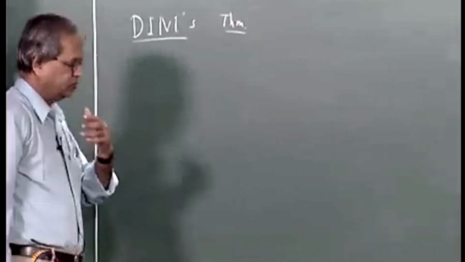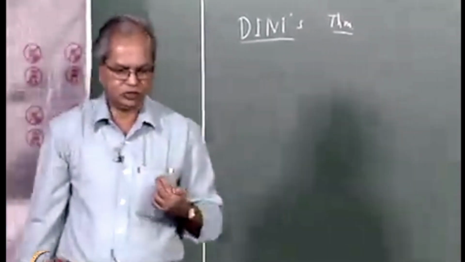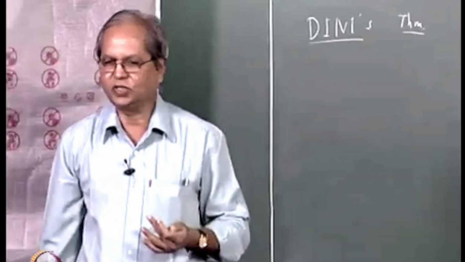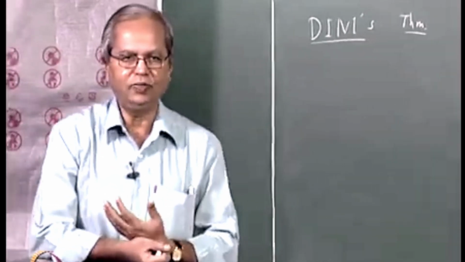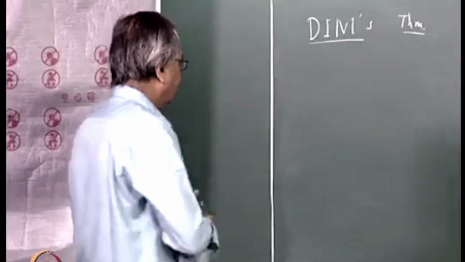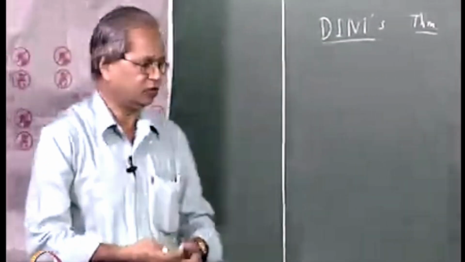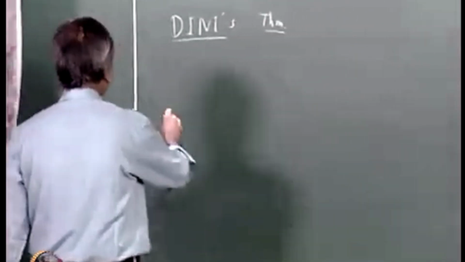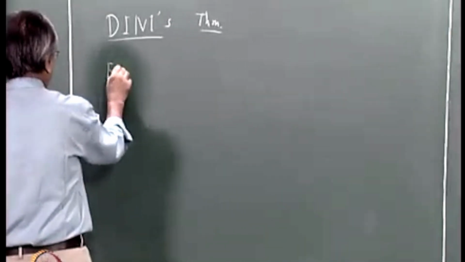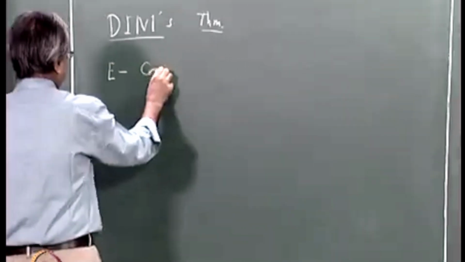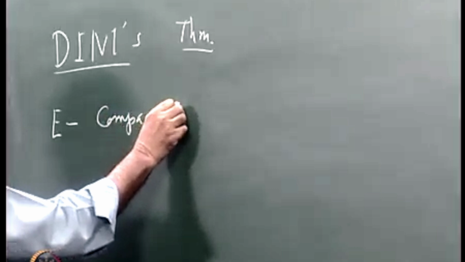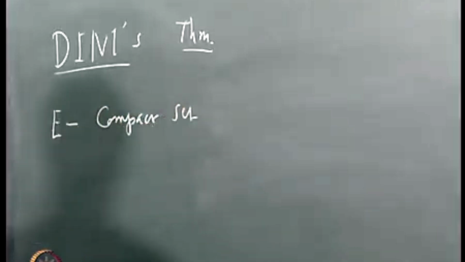Till now, whenever we talked about convergence of a sequence of functions either pointwise or uniformly, we did not say anything about the set E on which the functions were defined, but now we shall require those things. We will have to assume that E is a compact set in some metric space, or you can take it as a compact metric space.